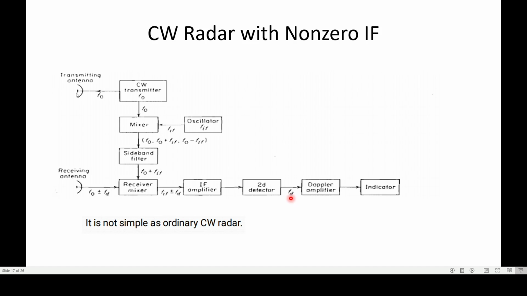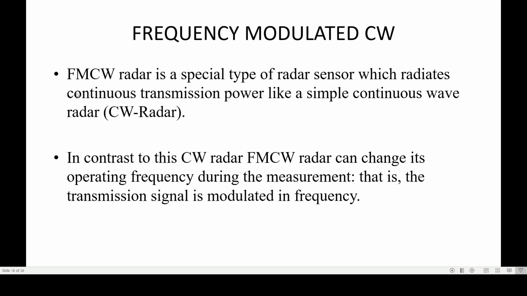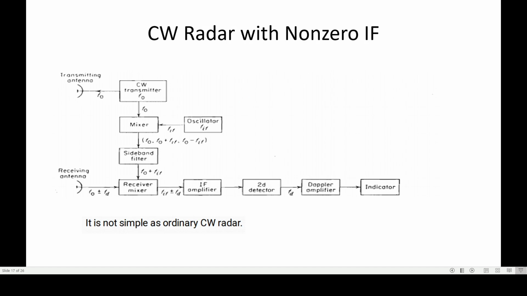We can share the same antenna on the basis of time. Here the signal is not on a particular time basis. We cannot use a single antenna for continuous wave radar. So in the figure you should know that there is a separate transmitting antenna and a receiving antenna.